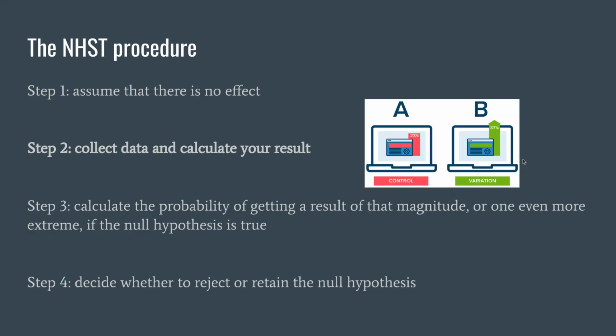Step 2, collect data and calculate your result. You want to calculate the mean and standard deviation from each group A and B. In the example we saw, the results show that A is 23%, B is 37%.